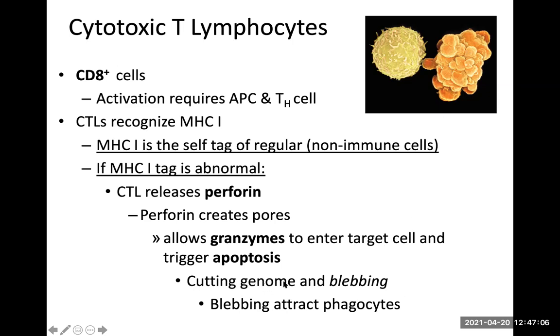And that's when you cut up the genome and bleb. So this bumpy weird guy is the cell that apoptosis got turned on. This nice looking round cell with all the little projections is the CD8 cell, the cytotoxic T cell. Okay.